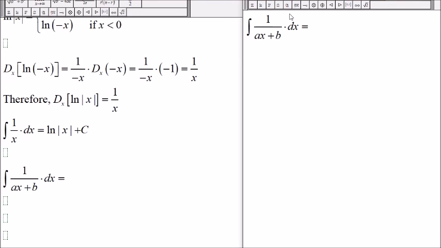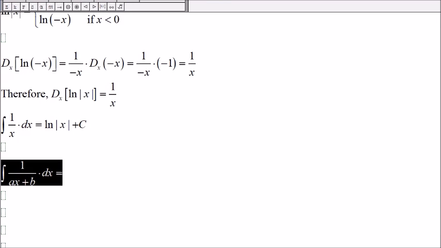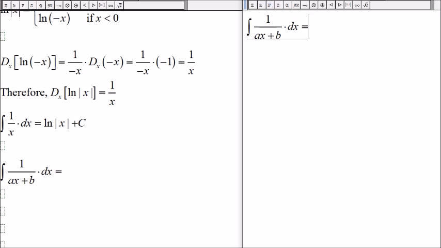And so for this integral, what we want to do is use the substitution method, and so we'll let u be ax plus b. And then we need the derivative of u, which is du dx.